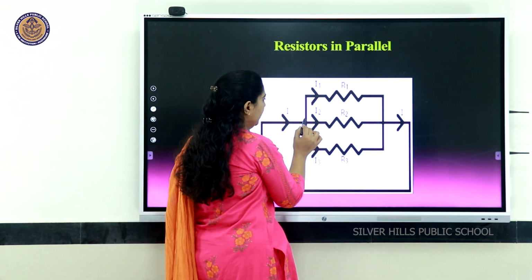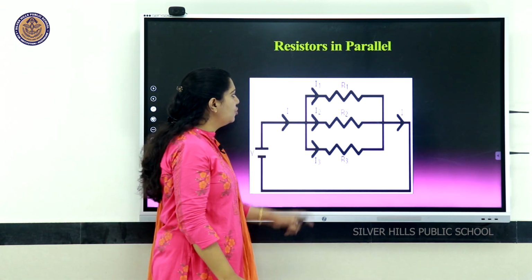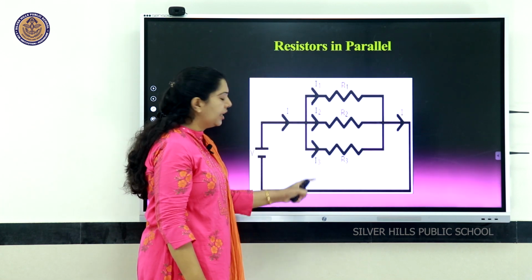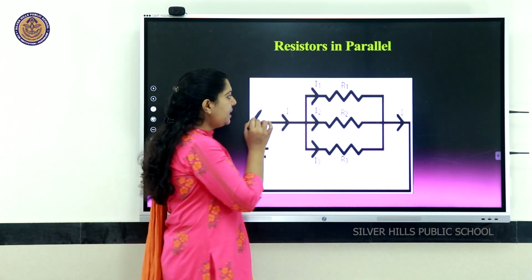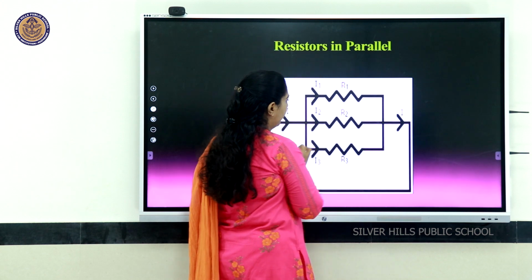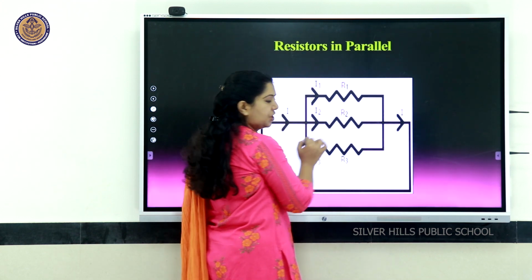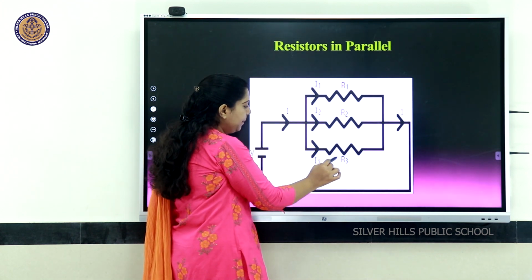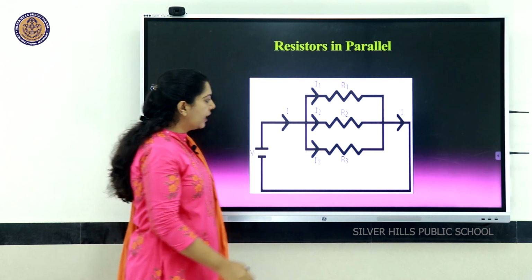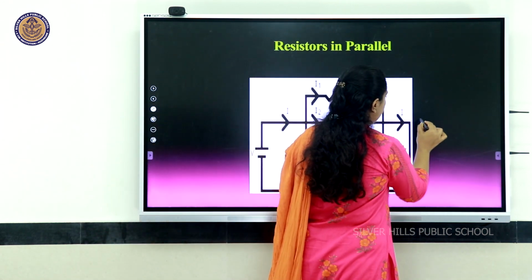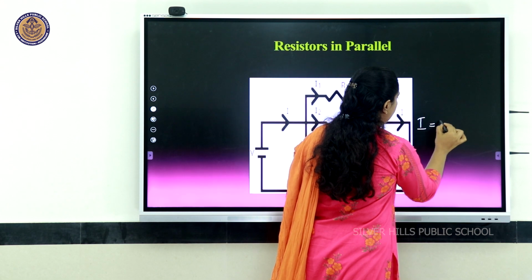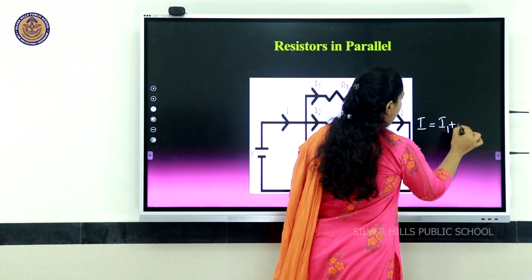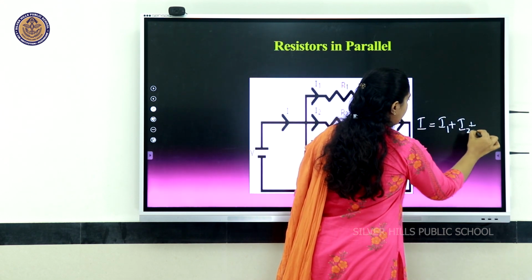From this junction, the current I is divided into I1, I2 and I3. Let I1 be the current passing through R1, I2 the current passing through R2, and I3 the current passing through R3. The total current I is equal to I1 plus I2 plus I3.